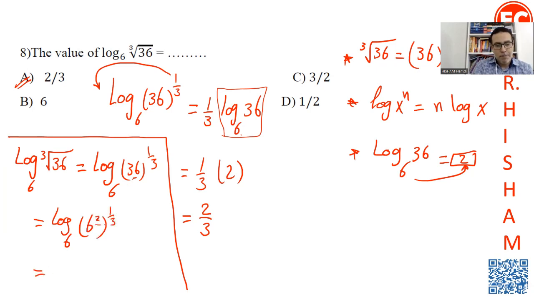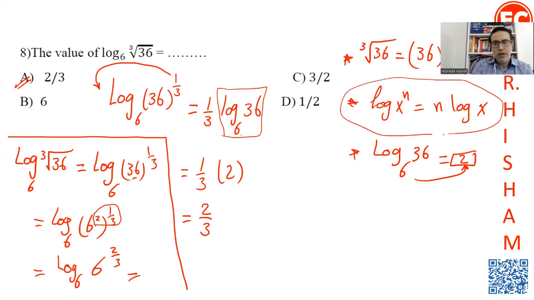And then power to the power is multiplied. So it's log base 6 of 6 to the power 2 over 3. And I'm going to use the same rule. So I put the power outside. So it's 2 over 3 log base 6 of 6.